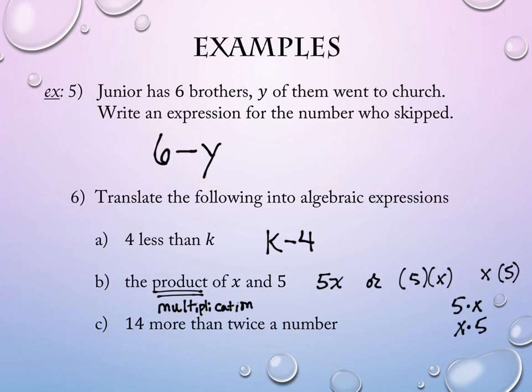C's got more going on. It says 14 more than twice a number. So this 14 more than is much like this 4 less than. It actually means that we're adding 14 to something, right? So we're adding 14 to what? 2x, or if you don't want to use x, use another variable, right? Use n for number. Sometimes people like that one, or a.